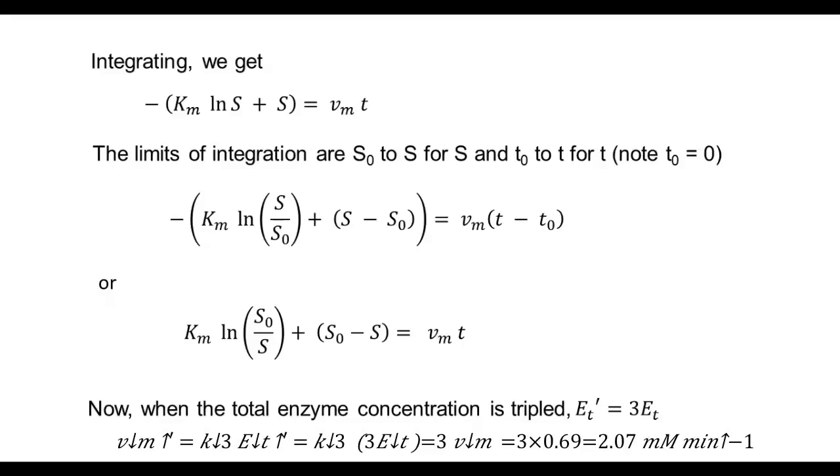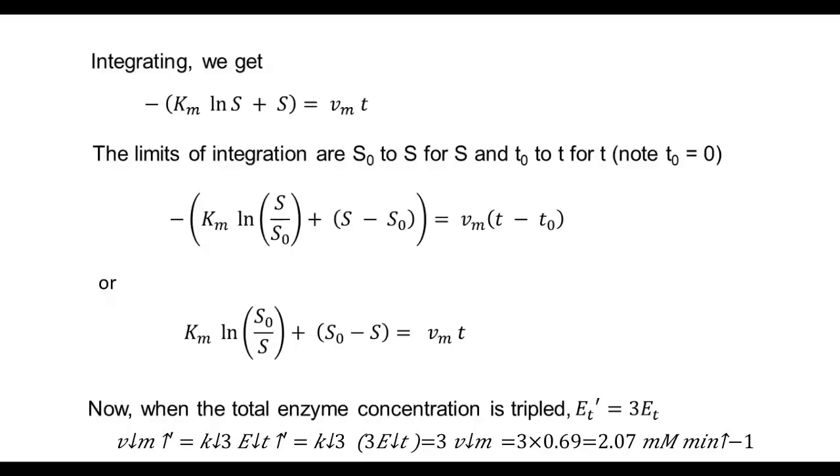It's the Vm dash, or the Vm, the maximum rate. We know that Vm is K3 into Et, right? So Vm dash is K3 into Et dash. So this is what is going to get affected when the total enzyme concentration is changed. Okay, that is the key concept here for solving this problem. Once we recognize this, the problem is done.